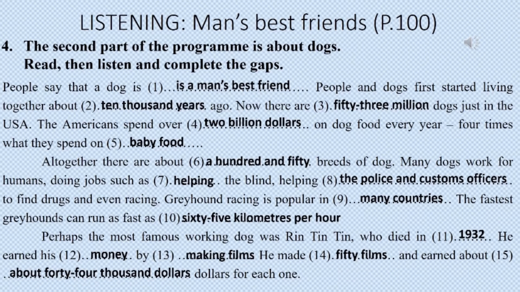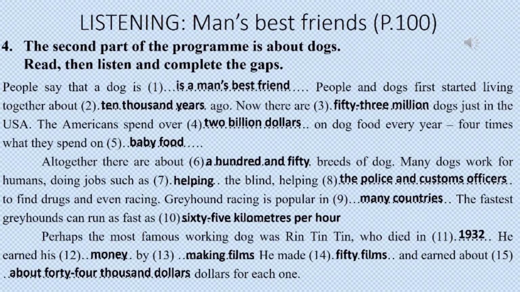Alright, let's check together. What did you get for number 1? Is a man's best friend. Yes, dogs are called man's best friend. Number 2, 10,000 years. That's how long people and dogs have lived together. Amazing, right? Number 3, 53 million. There are about 53 million dogs in the USA alone.